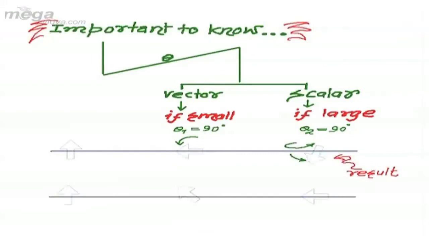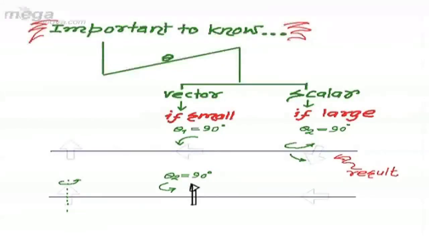In the other case, we perform theta 2, which is 90 degrees, first. So we just give the theta 2 displacement first, due to which it bends in this direction and now faces in this direction.